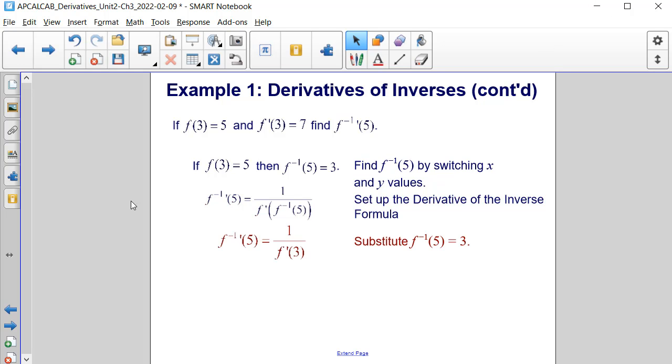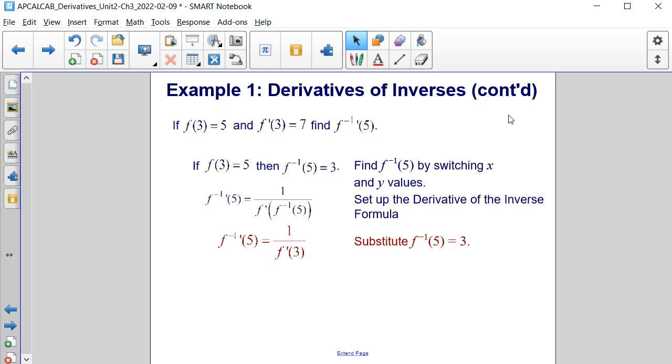The next step is to substitute f inverse of 5 is equal to 3 into our formula, so now we have 1 divided by f prime of 3, because we know that f inverse of 5 is 3. So literally substitute that in for this term.